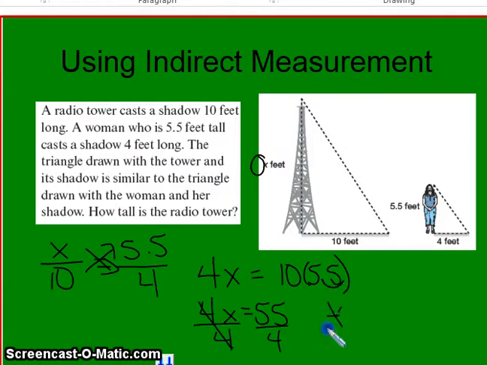And x equals 55 over 4. And in decimal form, that would be 13.75. Now this is a measurement, so we also need units. So notice that it says x is in feet. So the radio tower is 13.75 feet tall. That's a really small radio tower.